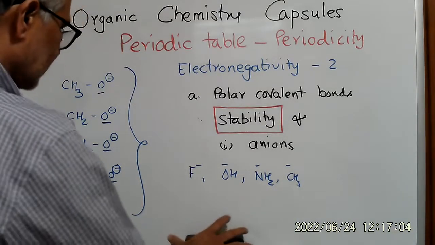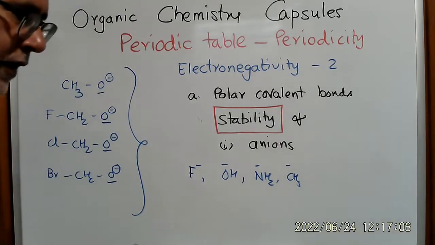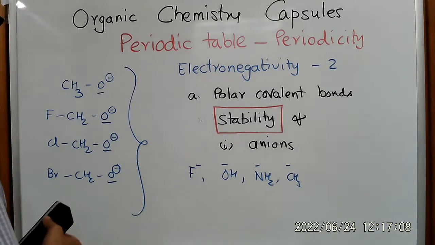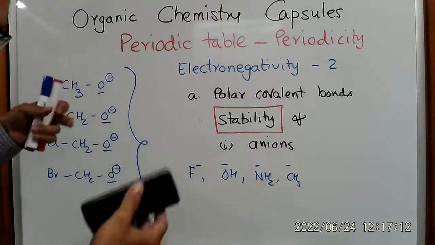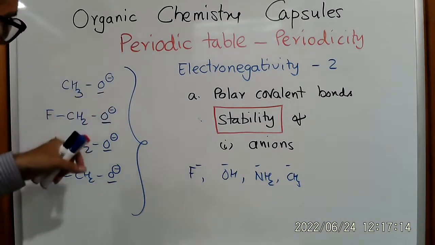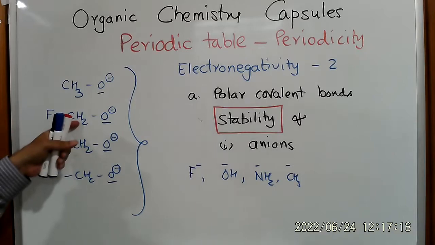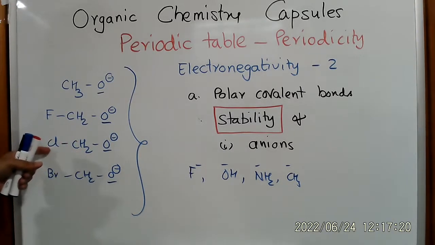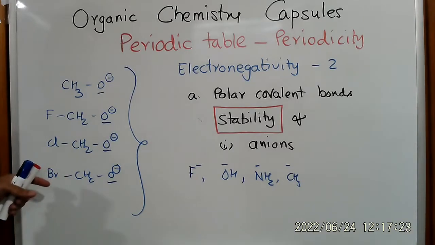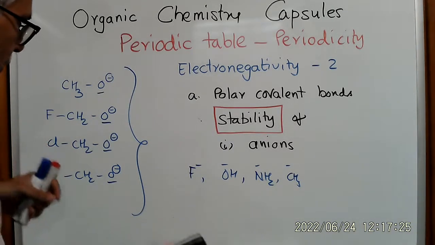Now, we try to find what is different. Here you have CH3O minus, plain carbon. Here you have the carbon connected to fluorine. In the next one, carbon is connected to chlorine, and carbon is connected to bromine.